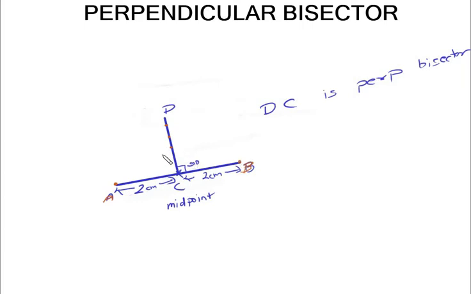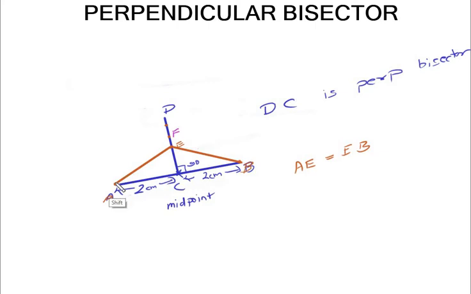So this property says that if I take any point randomly, let's say I take this point E, so point E will be equidistant from A and B. So length of AE will be equals to EB. Similarly, let's say I take a point F over here.